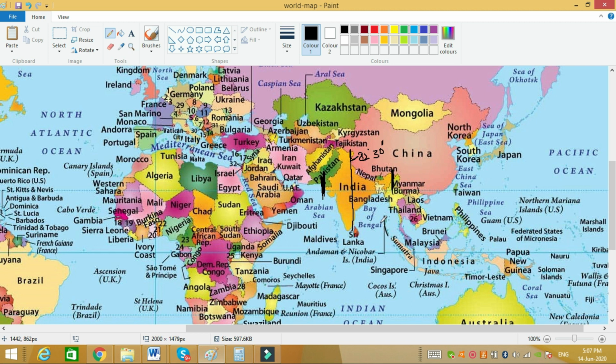Although the local time between Gujarat and Arunachal Pradesh, as I told you, differs by 2 hours, it means if in Gujarat it is 6 o'clock in local time, then at the same time in Arunachal Pradesh it is 8 o'clock in local time. But the standard time shown on the watch throughout the country remains the same.